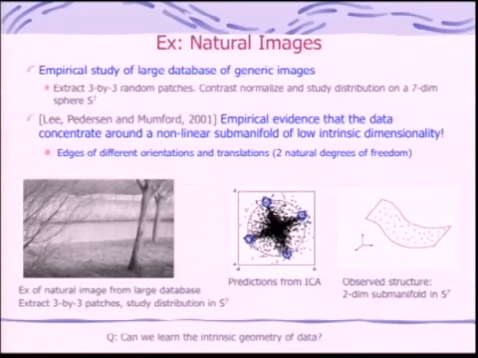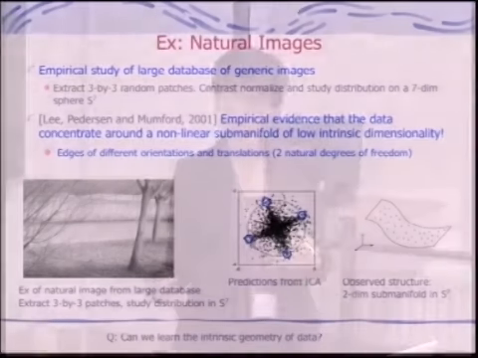If you extract random patches from many, many images and then look at the distribution, you will see that much of the data will be concentrated along a highly nonlinear submanifold in this higher dimensional space. And the reason is that small patches are dominated by geometries such as edges, and an edge has 2 natural degrees of freedom, translation and rotation. And that's a natural constraint in the system.